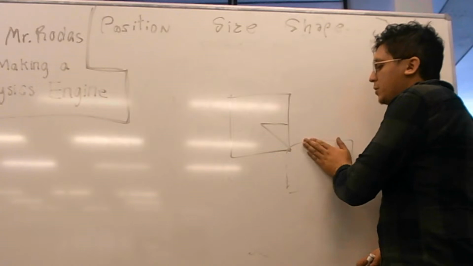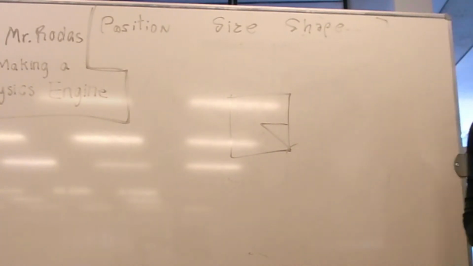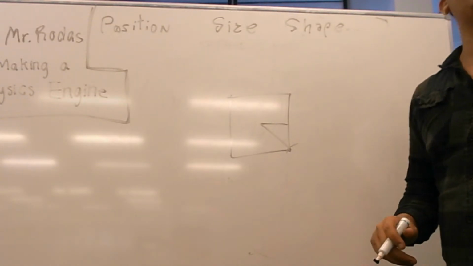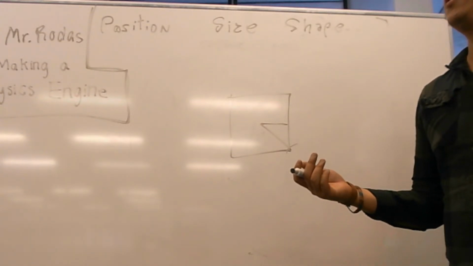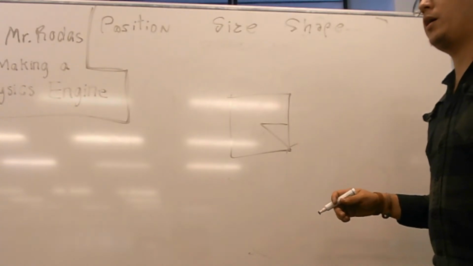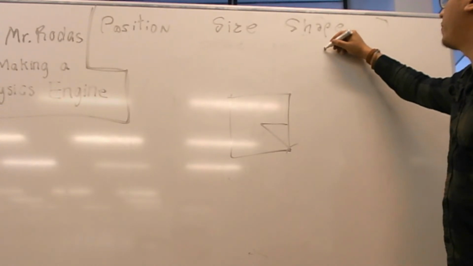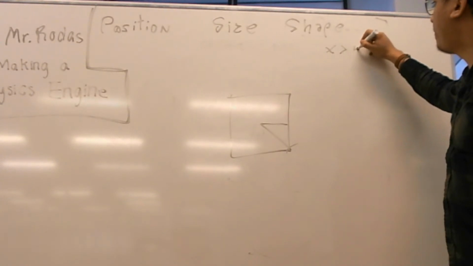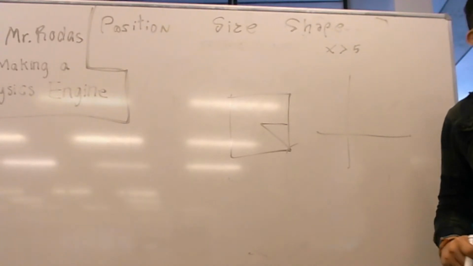With squares, the first thing we want to do is use boundaries. You do this in algebra, where you start drawing graphs. What is the graph of x greater than 5 in a Cartesian plane?